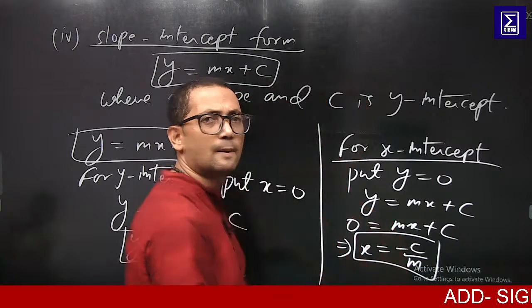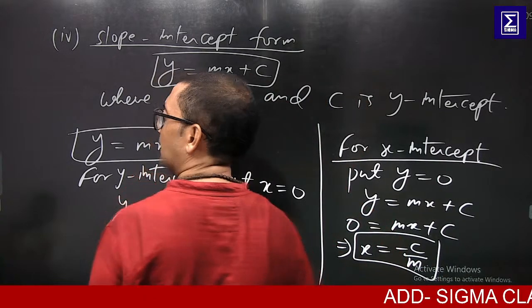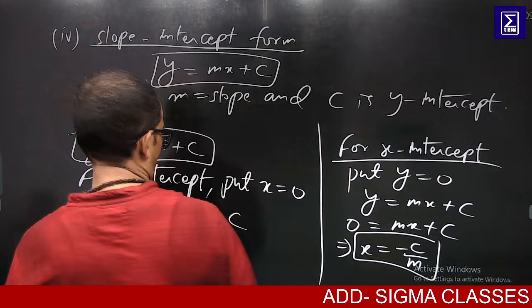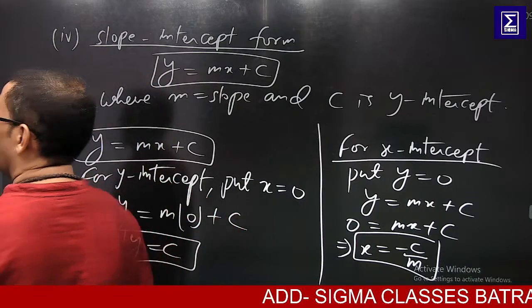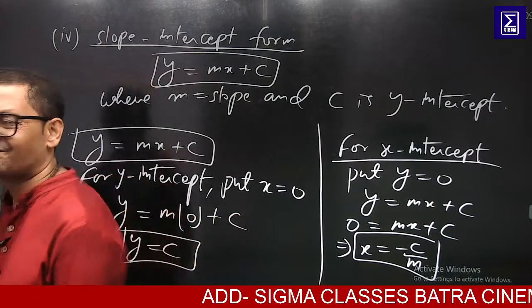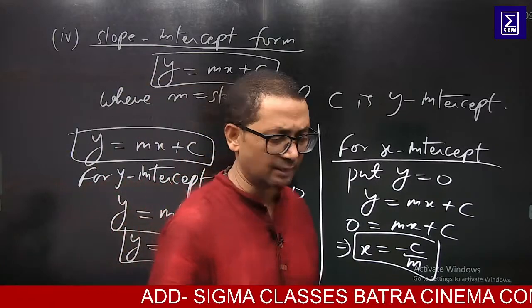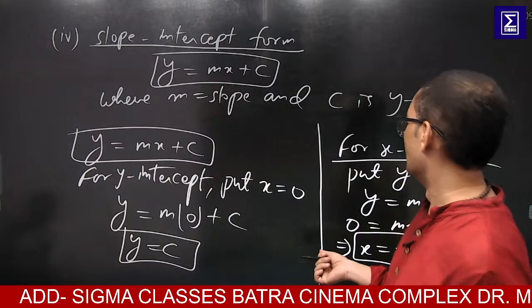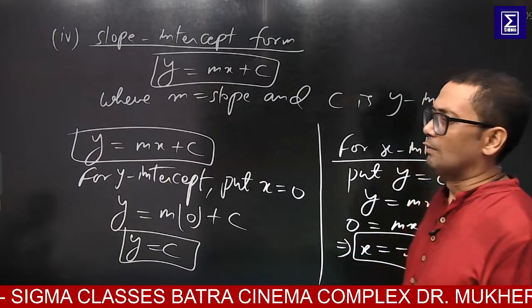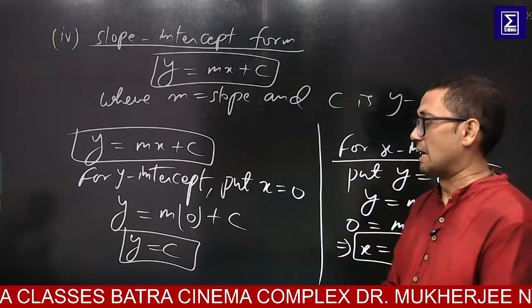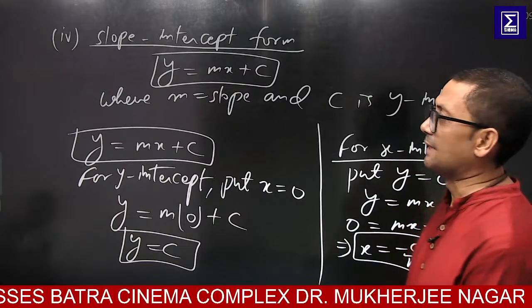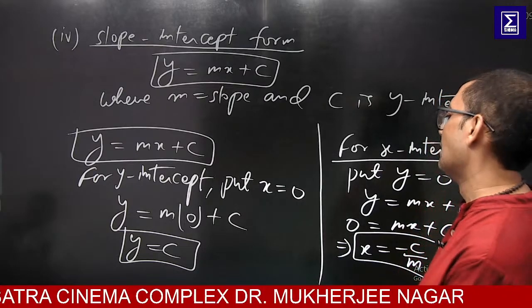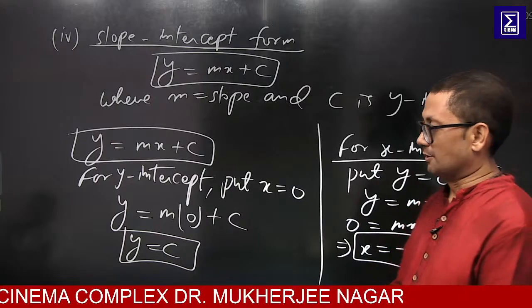So, these are basically the x and y intercepts, and we have done it very easily. There is nothing much to do in all this. We simply have to know the standard equation of the straight line, and all the other forms can be derived from this.